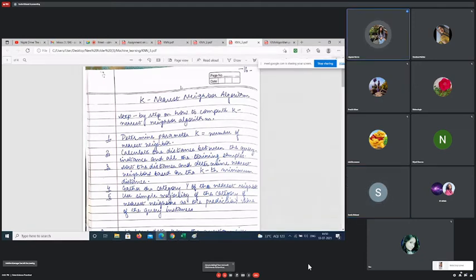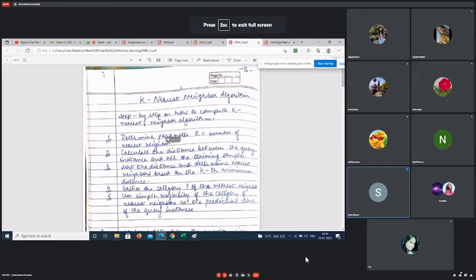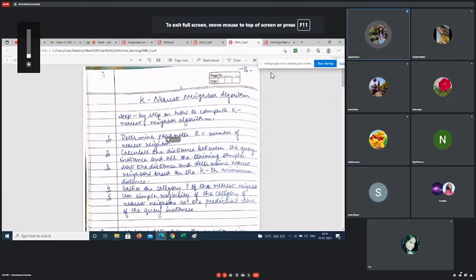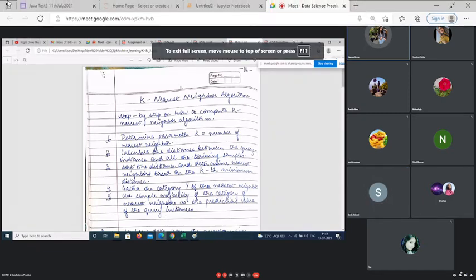Determine the parameter k equals to number of nearest neighbor. Then... Jigyasa, read all the 5 points. Calculate the distance between the query instance and all the training samples. Sort the distance and determine nearest neighbors based on the kth minimum distance.